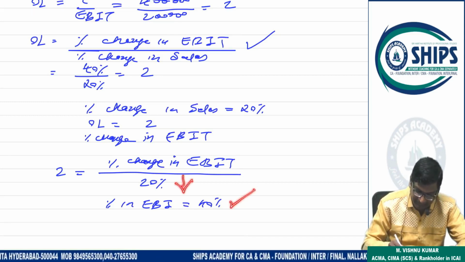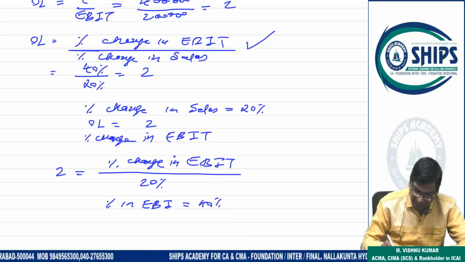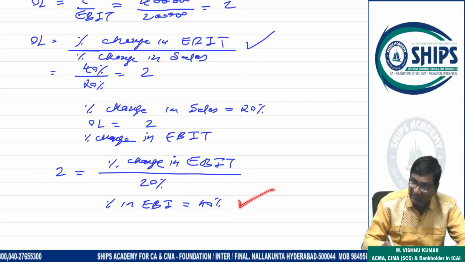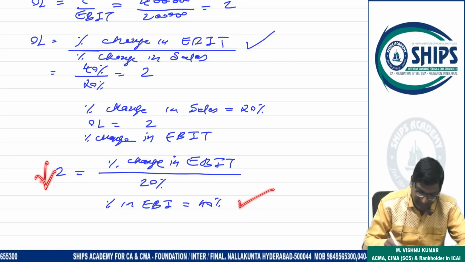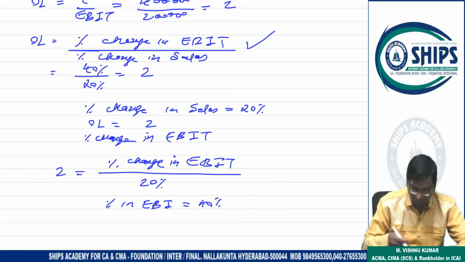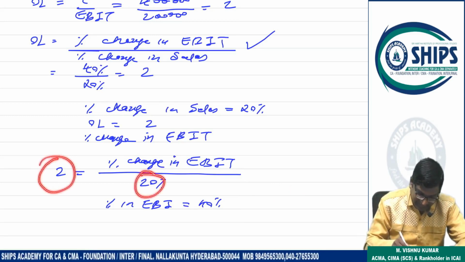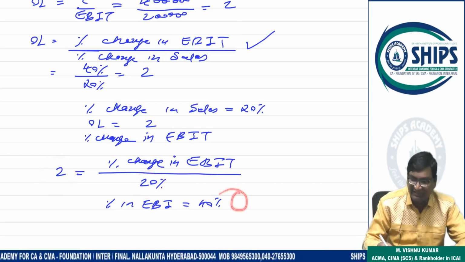If this is decreasing, this will also decrease or not? That is what he is saying in the theory. If this and this increase or decrease, this will also increase or decrease.